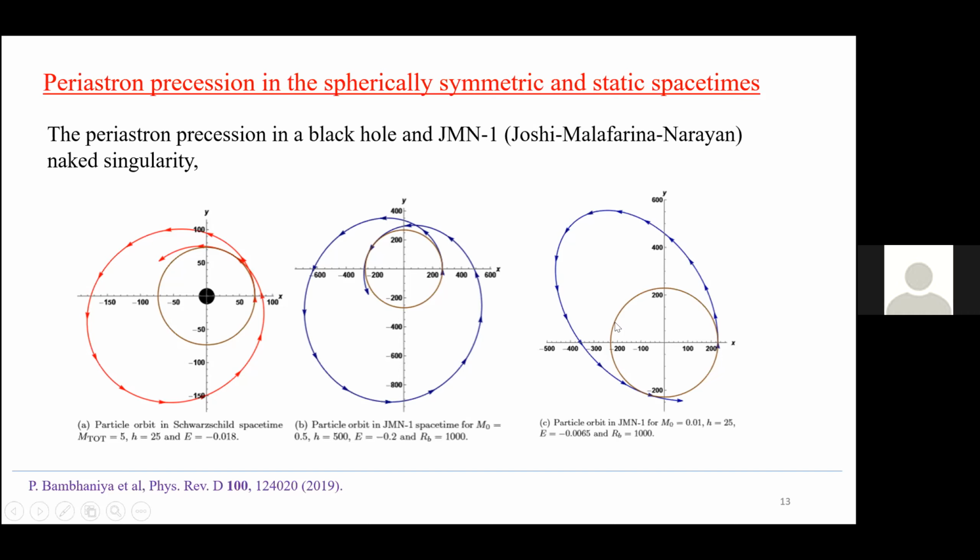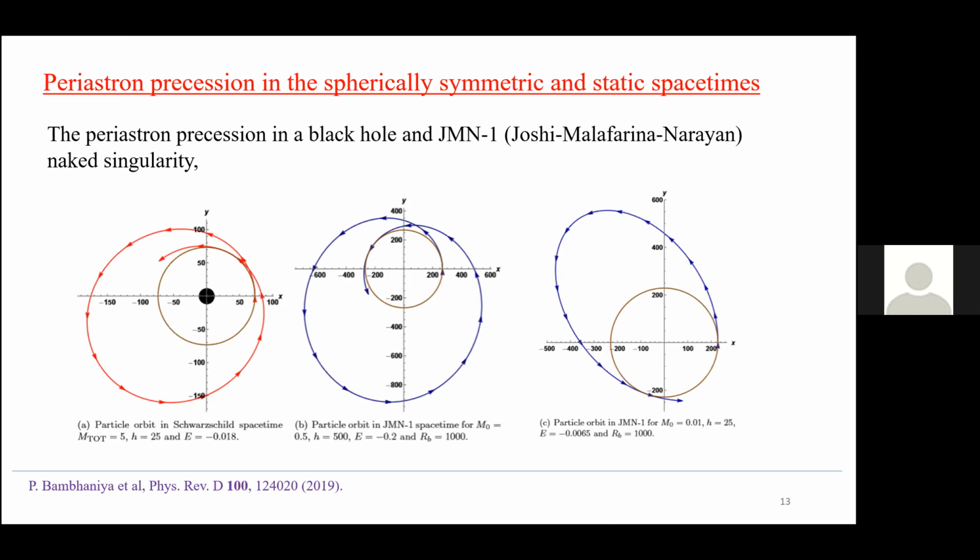You can see here in figure A, it describes the particle orbits in the Schwarzschild black hole, where the dark region shows the position of the black hole, and a brown circle shows the minimum approach of the particle towards the center, and it is called the periastron point or position.